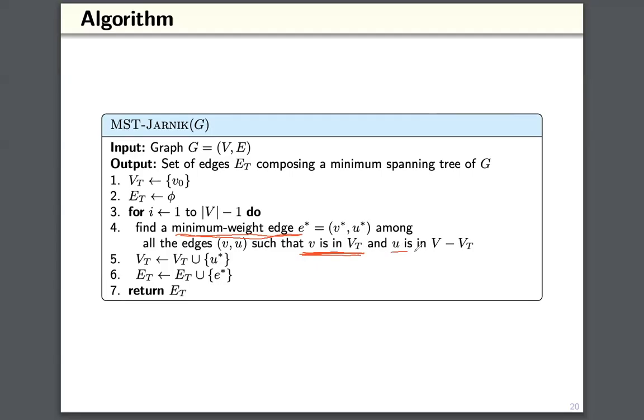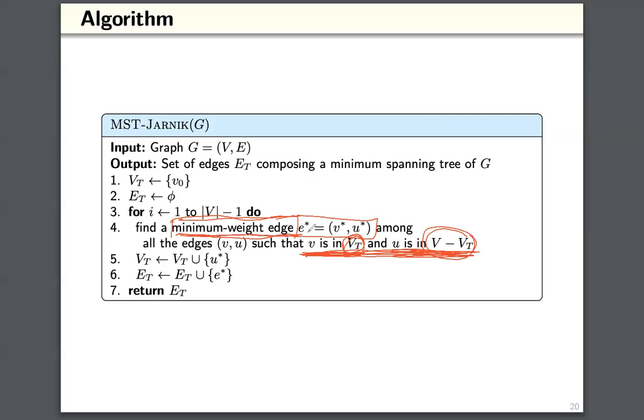That means the other endpoint is in V minus VT. Among all possible such edges, you choose the one that has the shortest edge weight, right? So there can be multiple edges like this, such that one endpoint is in the tree and one endpoint is outside the tree. Among all those edges, you pick the shortest edge.